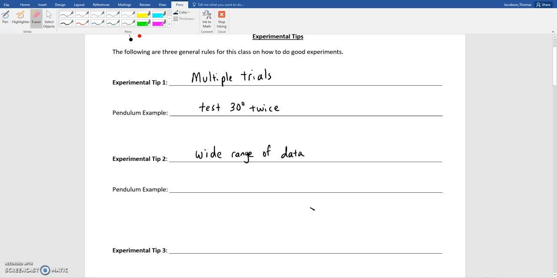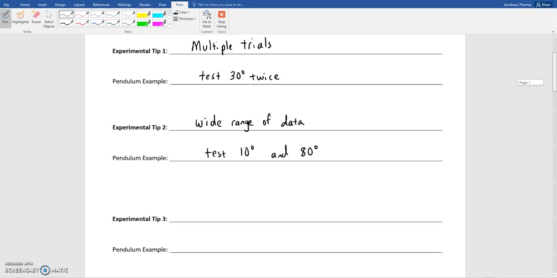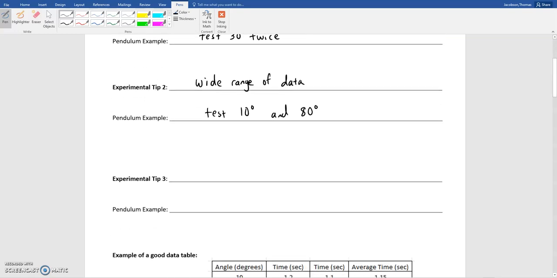So what you could do is test 10 degrees, which would be a small angle, and maybe you test 80 degrees, which is a much larger angle. And by looking at that very low angle and that very high angle, you can more visibly see whether there is a trend or not, whether the angle does affect the period or the length or whatever you're testing in your experiment.